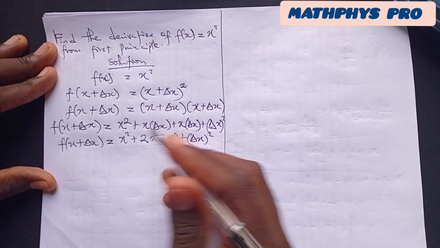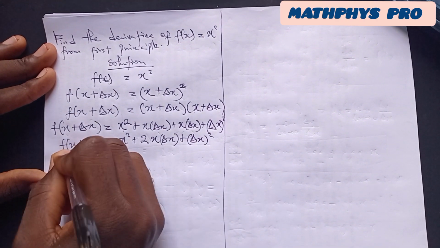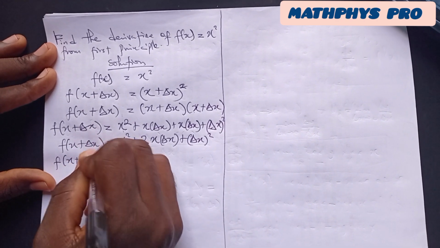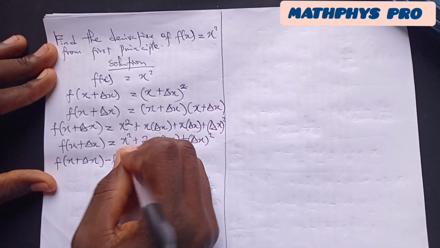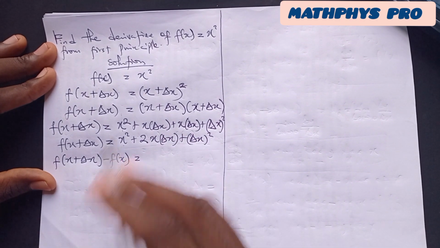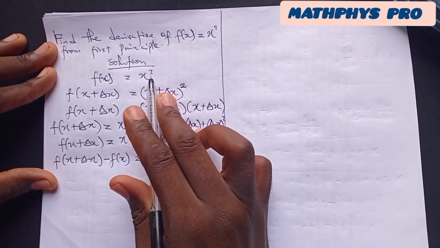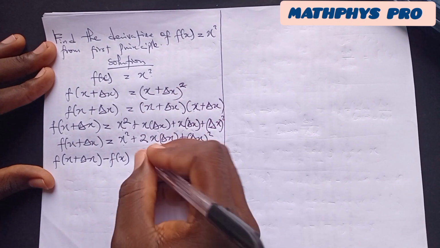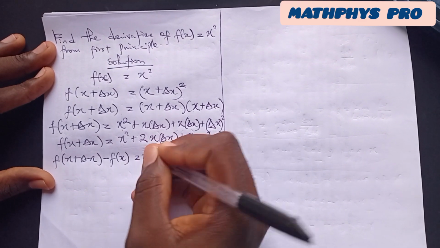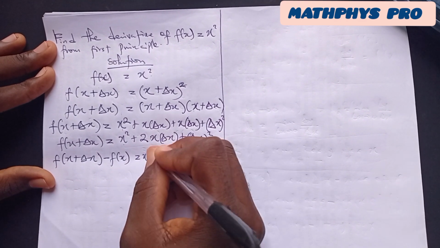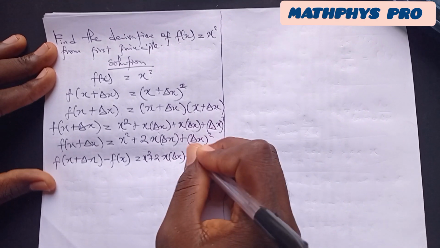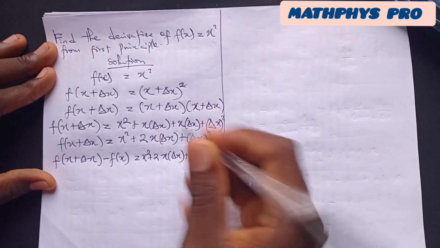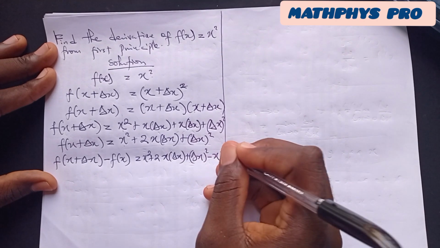So here we say f of x plus change in x minus f of x equals, remember, f of x in the right hand side means x squared. So we say x squared plus 2x change in x plus change in x squared minus x squared.